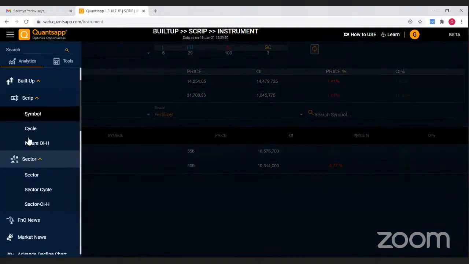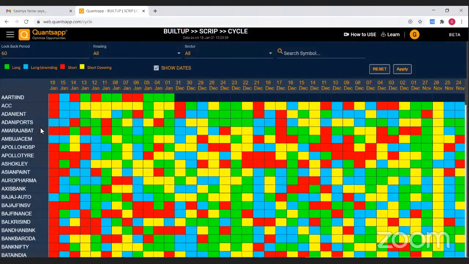Now we'll quickly go through the cycle and the future OI. The cycle is a tool, and the main purpose of using it is to have large data in a very compact manner, which is easy to use and convenient to read.